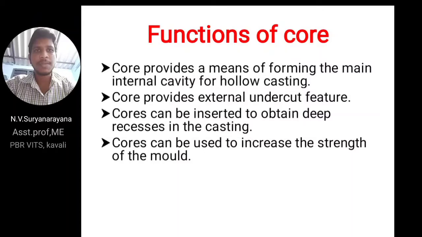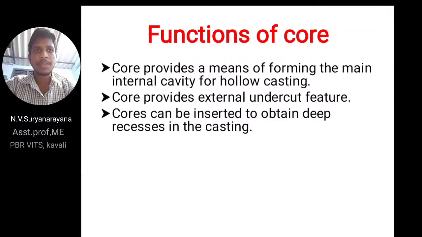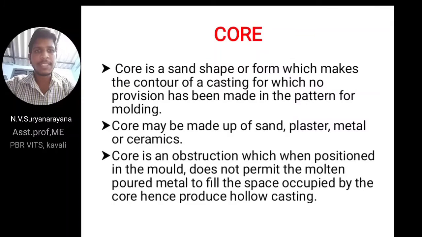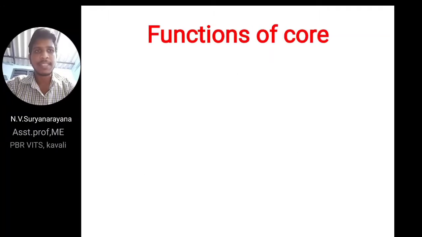Already we discussed what hollow casting is. In the previous slide, we discussed that if the core is an obstruction, when positioned in the mold, it does not permit the molten metal poured into the cavity to fill the space occupied by the core, hence producing hollow casting. That is known as hollow casting.